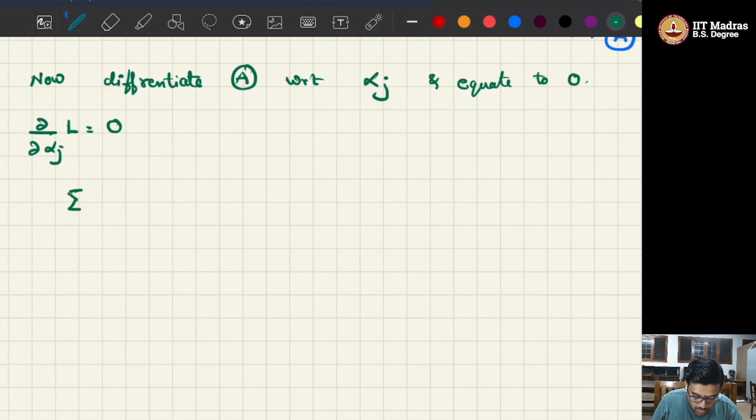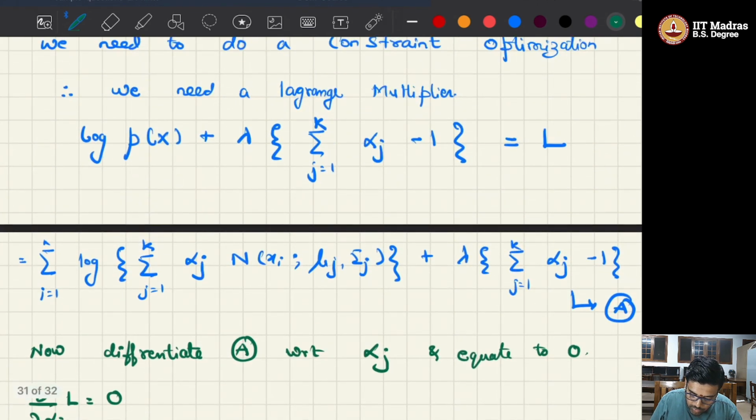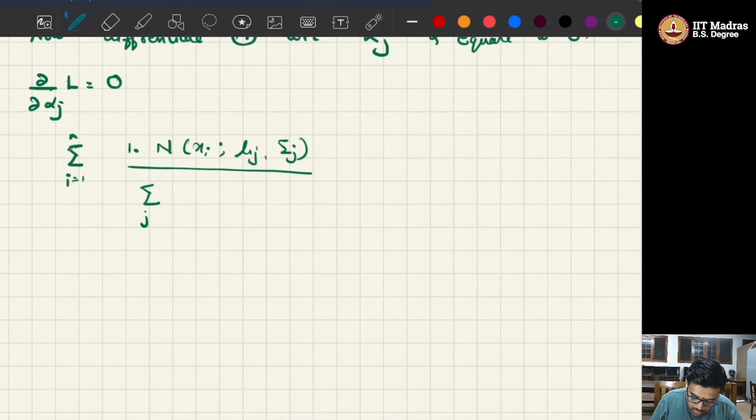So this will be the summation i equals 1 to n of 1 over the summation j equals 1 to k of alpha j N of xi, mu j, sigma j, times N of xi, mu j, sigma j, plus lambda equal to 0.